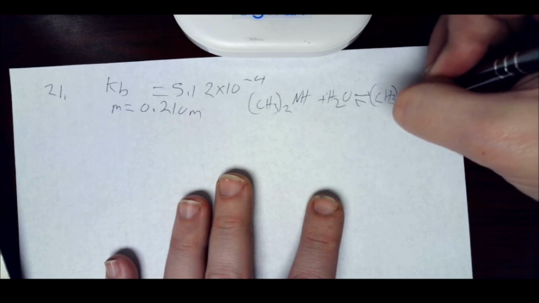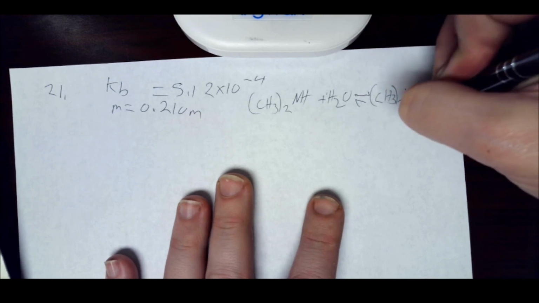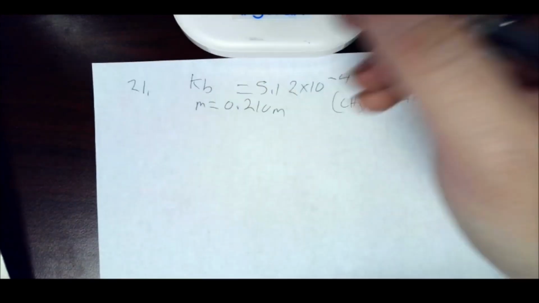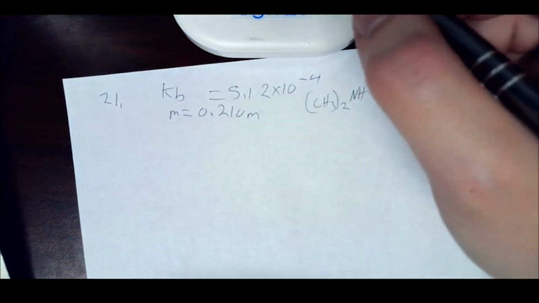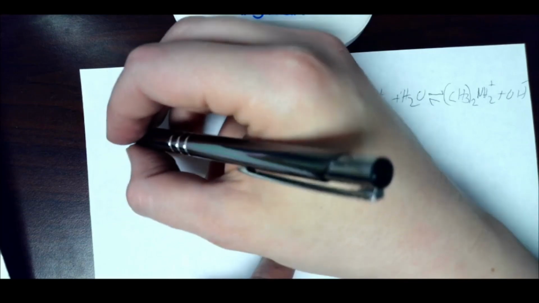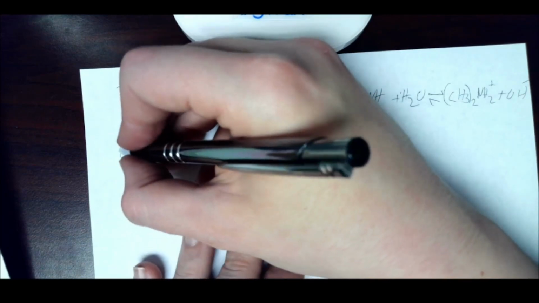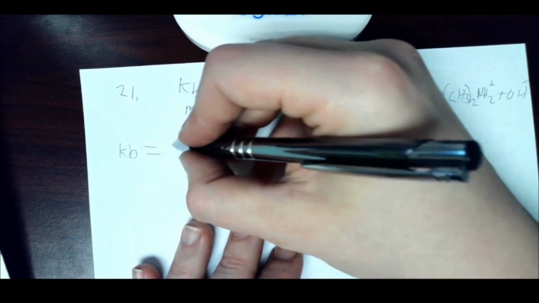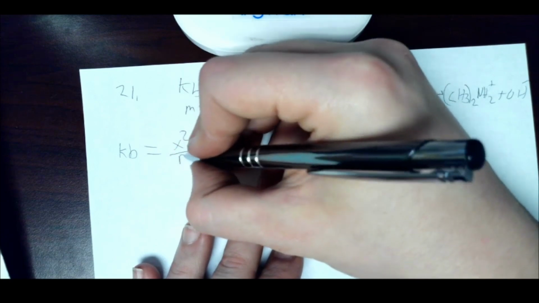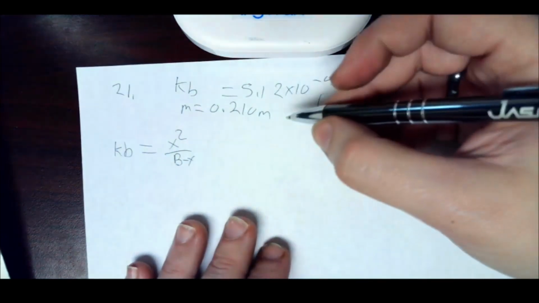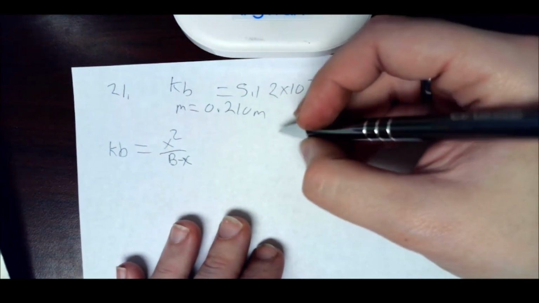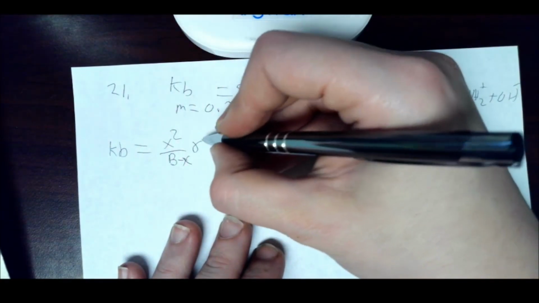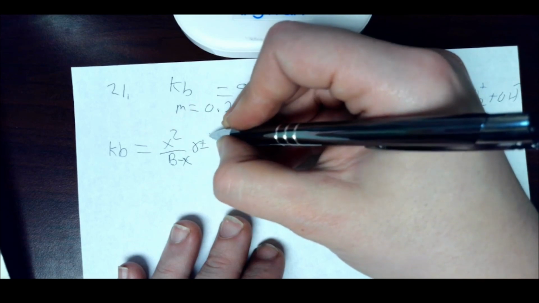H2 plus and OH minus. So just like number 7, except there's a secondary part. So we're going to do quadratic, but basic idea is that first, set up our quadratic and solve for our x. So x squared over base minus x. So first step is solve for x, assuming activity is 1.